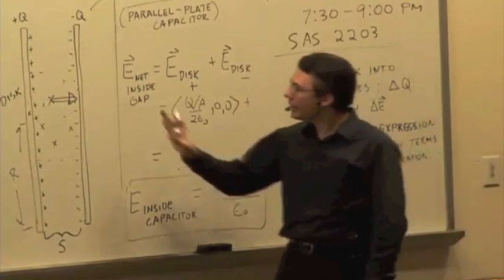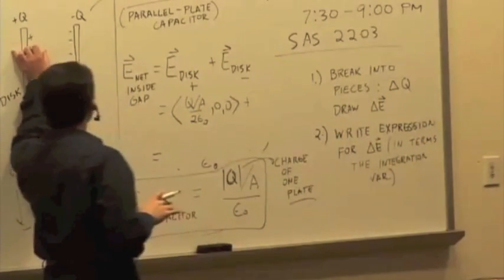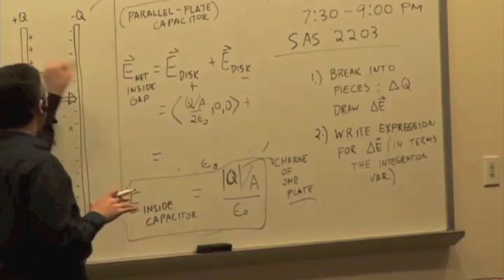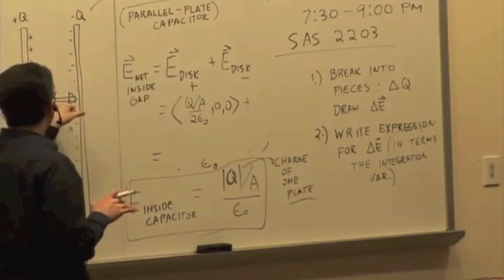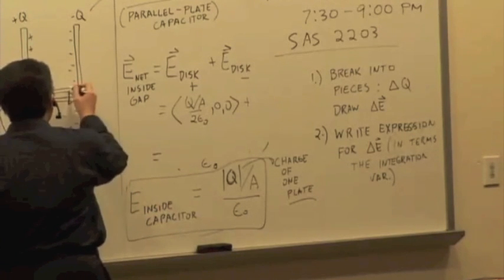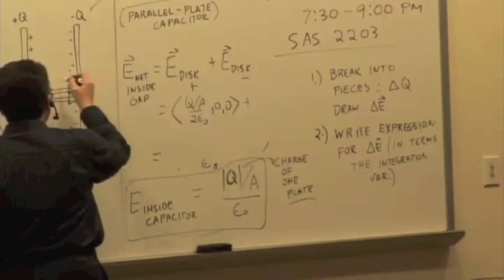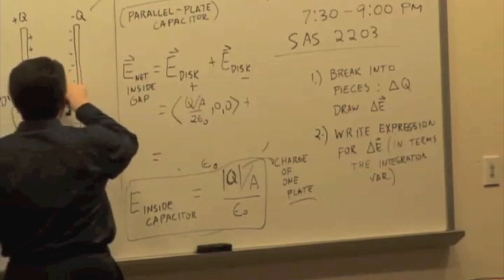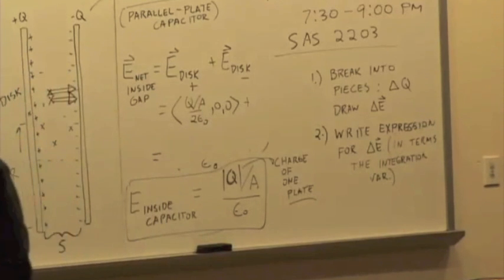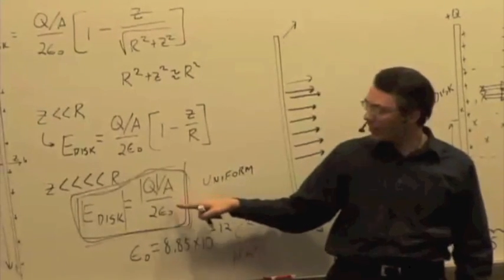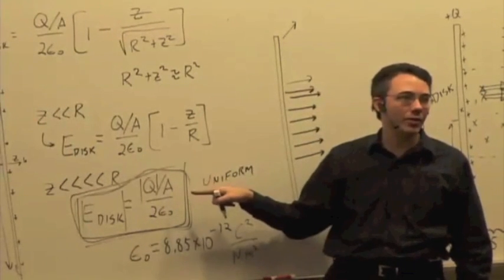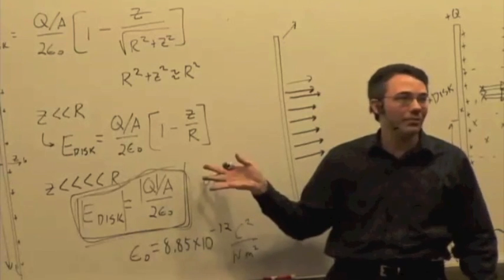All right? I do the same for the negatively charged disk. If I ignore the positively charged disk and focus on what's the field due to the negatively charged disk, well, it's pointing in that direction, pointing towards the negative charge, and it's got the same magnitude because it's got the same magnitude of charge, it's got the same area, and there's no distance dependence here. If we're close enough to that disk, that's all that matters.